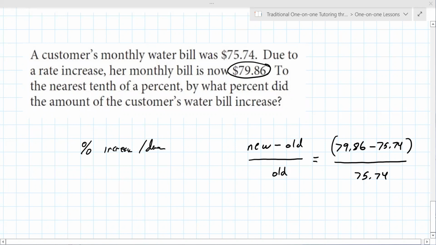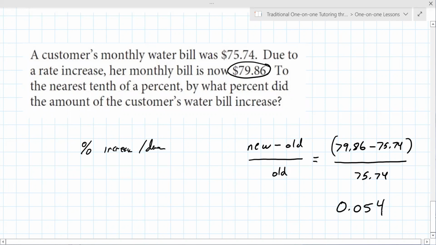I got 0.054396662. So 0.054. Yeah. Okay. That's a decimal.